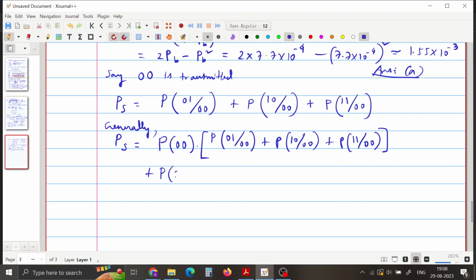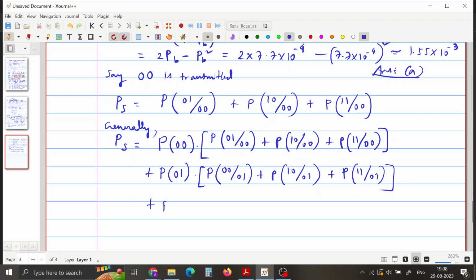Another case could be you transmit 0 1. What are the error cases? 0 1 goes to 0 0, 0 1 goes to 1 0, 0 1 goes to 1 1.